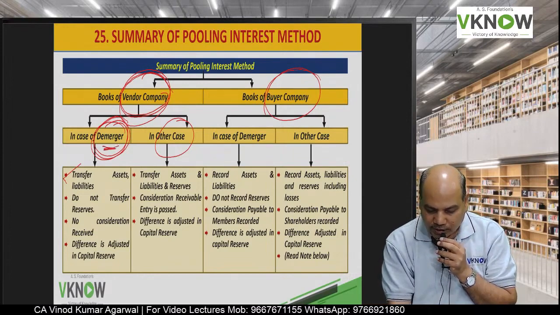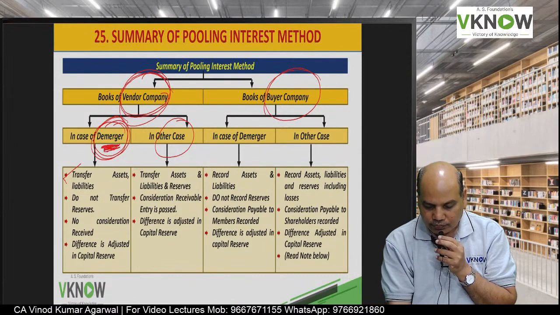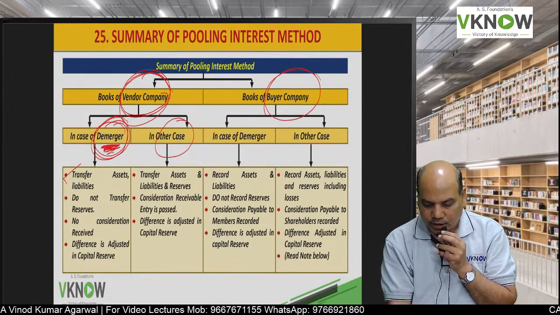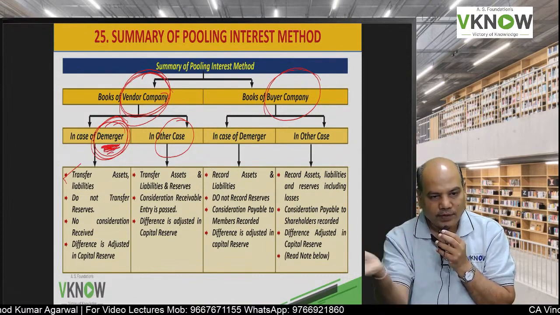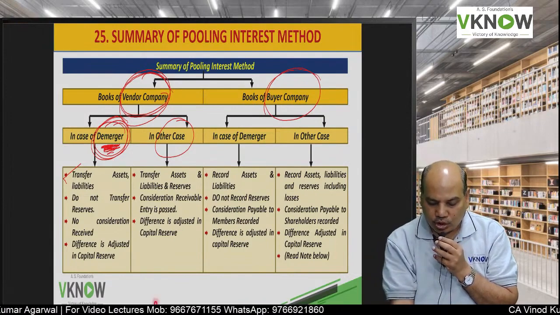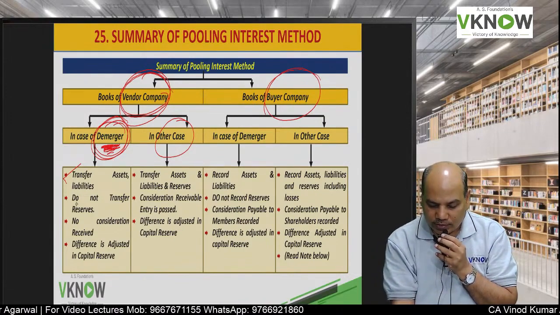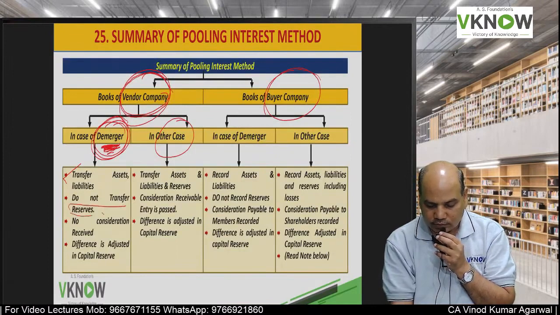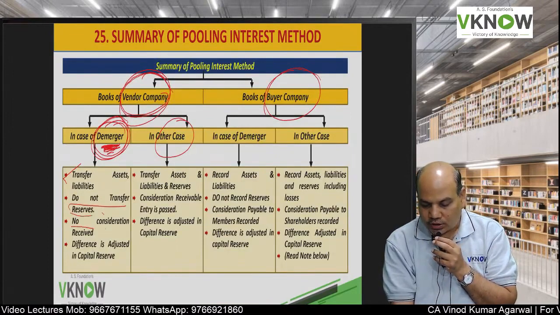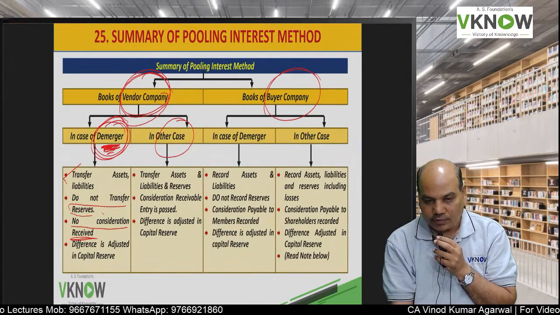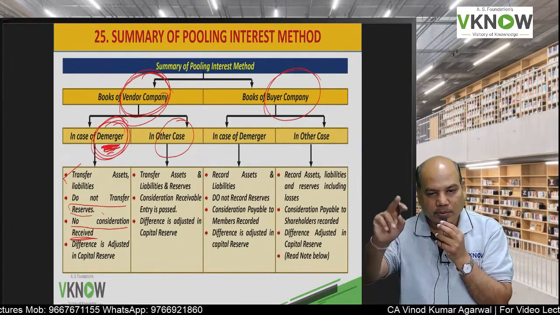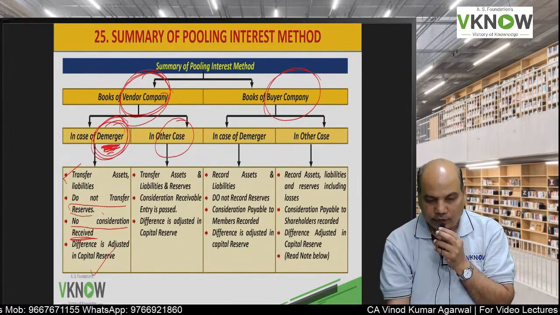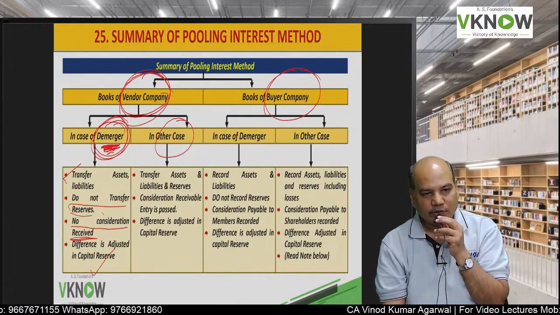In case of demerger, please note, a division does not have reserve. Do not transfer reserve in case of demerger. No consideration is received by the seller. The consideration is received by the shareholder, and the difference is adjusted in capital reserve.